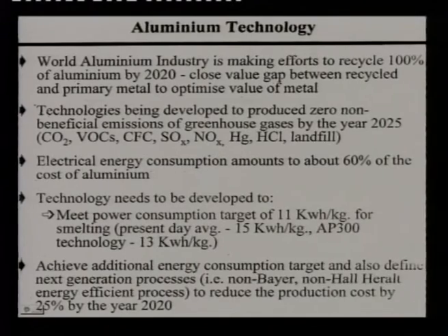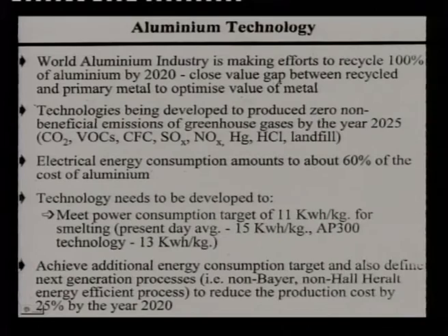So, it can be in theory recycled, but in countries like India, where we have not reached a certain level of development, we have to keep on producing more aluminum just to satisfy the needs of the classes who are coming up in development. So, we will not be able to recycle the entire aluminum by 2020. Advanced countries should do that.